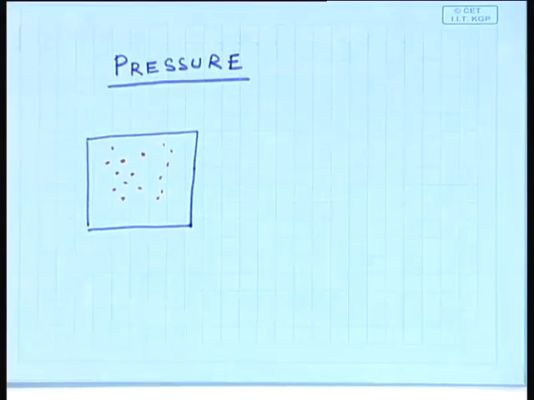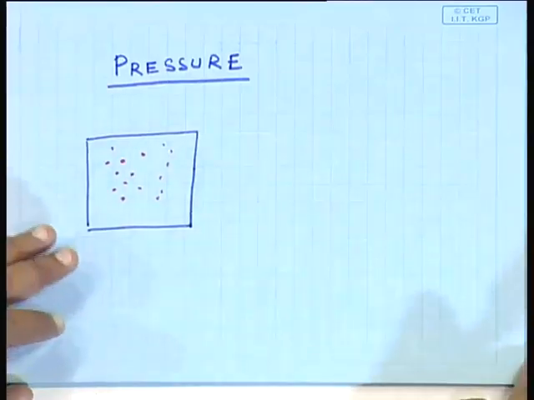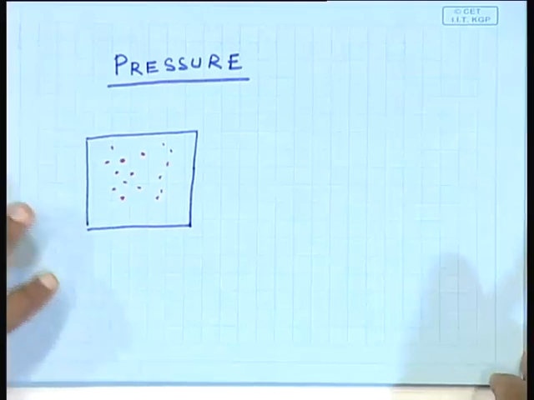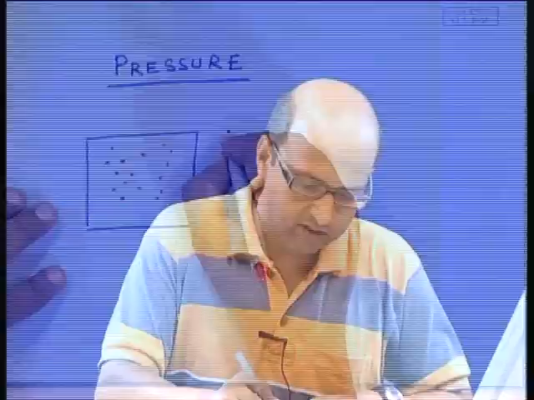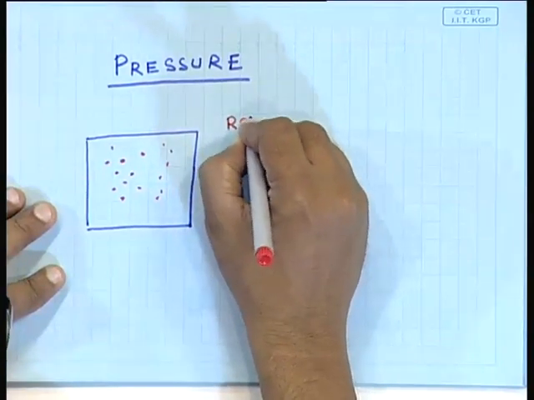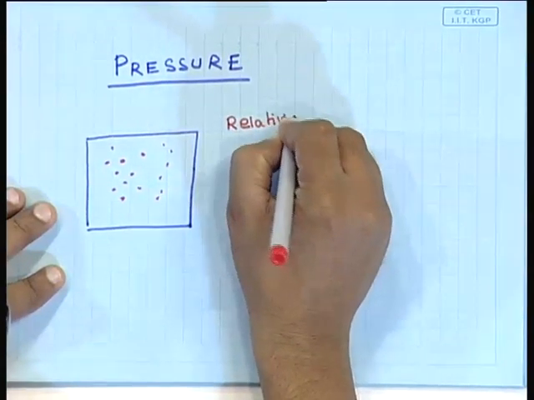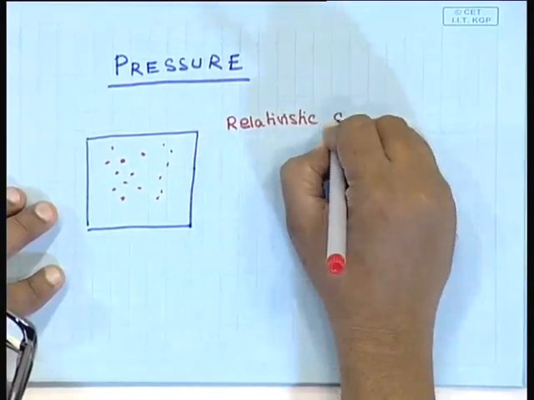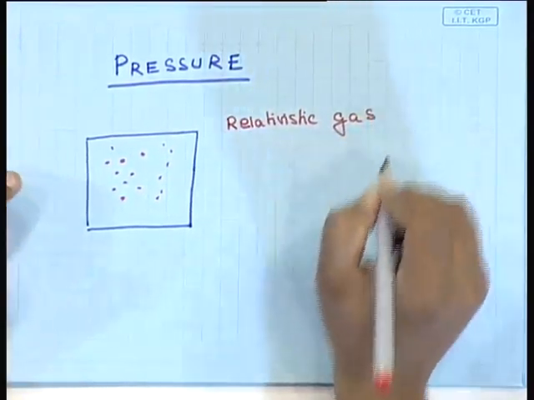Now, we will assume that these particles are relativistic particles. They are not the typical atoms and molecules that you see. I am sure you must have done kinetic theory for the atoms and molecules that you see. Let us just jump and do the same thing, assuming that we have relativistic particles moving randomly. So, it is a relativistic gas, a gas of relativistic particles.